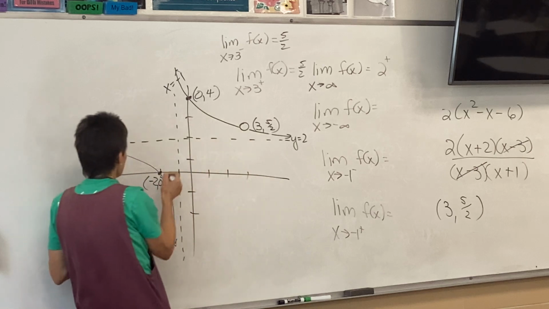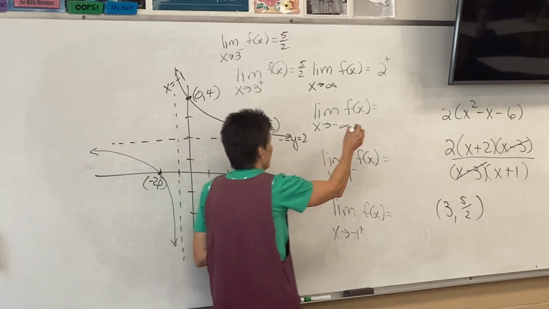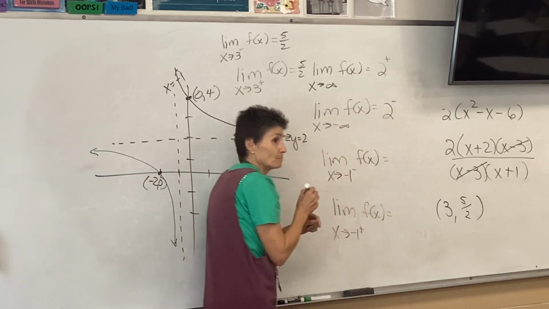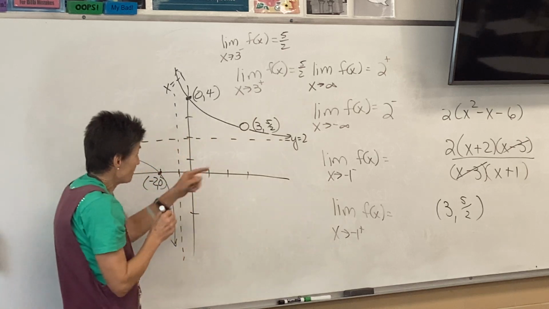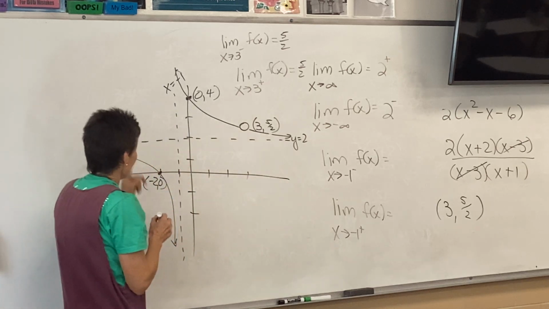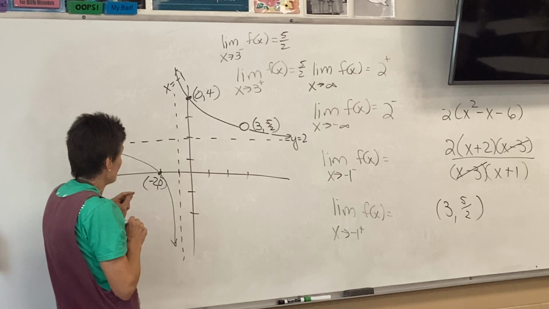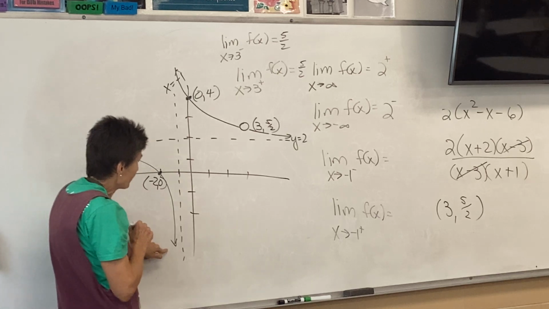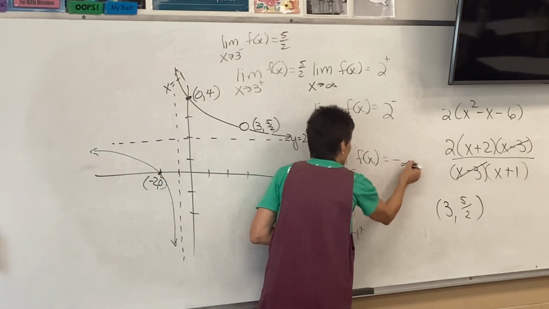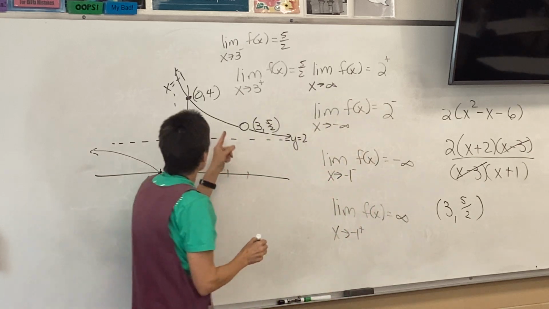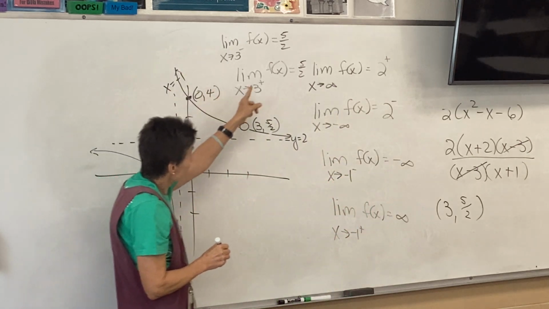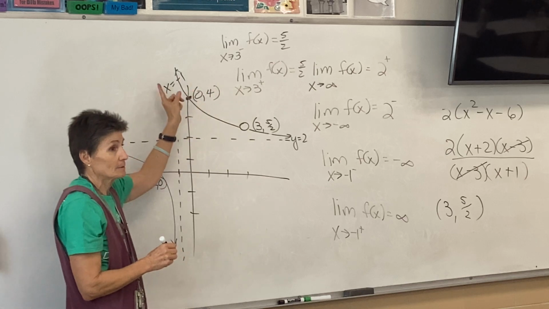On the other side, I'm doing the same thing, but from the bottom. All right, then my vertical asymptote, what's happening to my y values? Well, on the left, they're going down, and on the right, they're going up. Does anybody have a question about that?